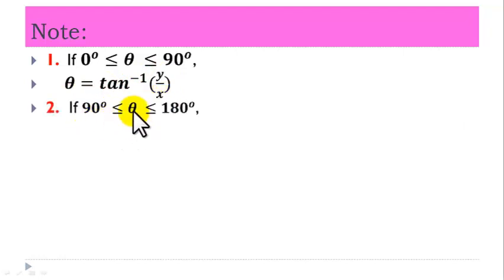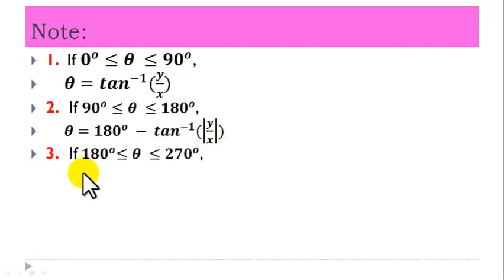If theta is greater than or equal to 90 degrees but less than or equal to 180 degrees, that is if theta is in the second quadrant, then the argument theta is equal to 180 degrees minus arctan of the absolute value of y over x.